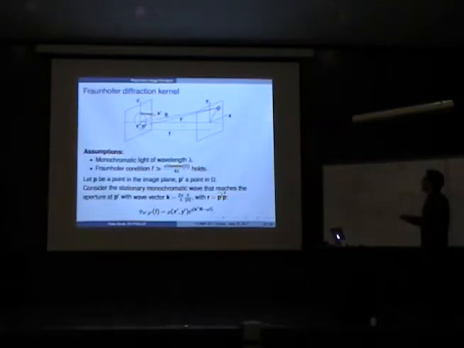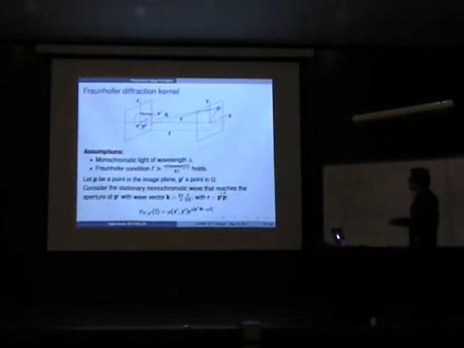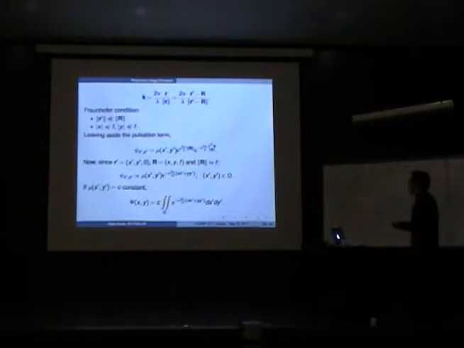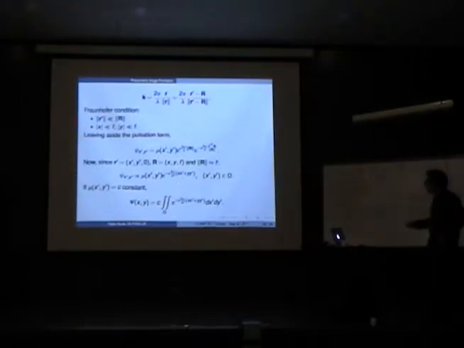If you work under the Fraunhofer approximation, which basically means that the aperture is small compared to the distance between the aperture and the image plane, then, well, I will skip all this stuff, but you can see that the light field of a monochromatic wave of wavelength lambda is proportional to the Fourier transform of the indicator function of the aperture.